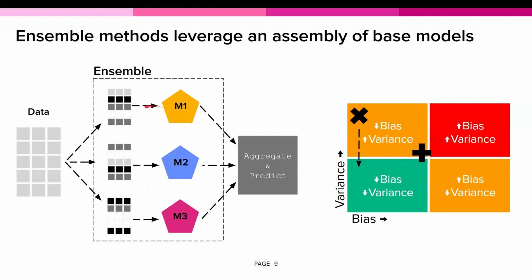Then each of those copies of the model contributes to the final prediction. It turns out that building a model in this way tends to reduce the variance of an ensemble as compared to the variance of any one of its component models.